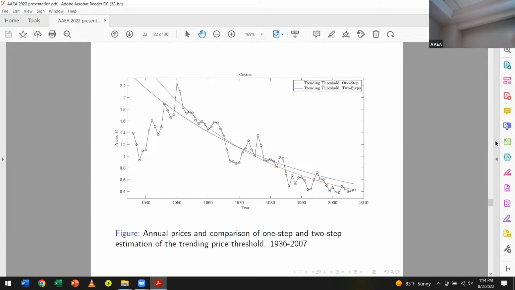Now here, this is just comparing the two trends estimated. The red line is using our estimator, the blue line is just preliminary detrending.